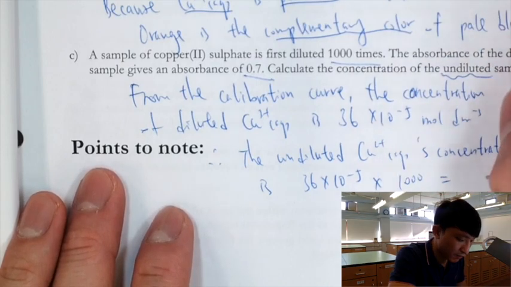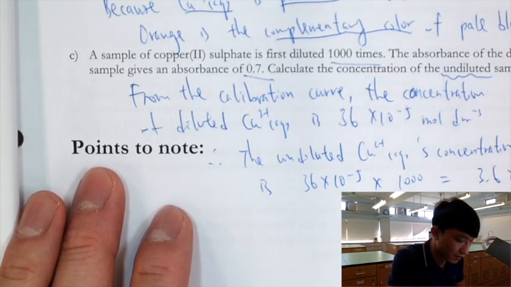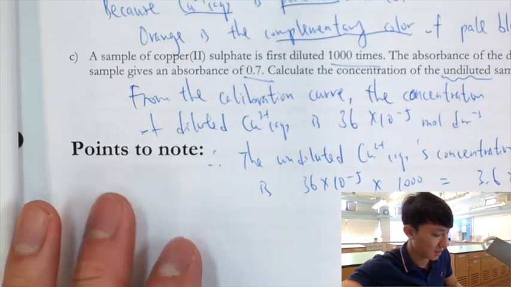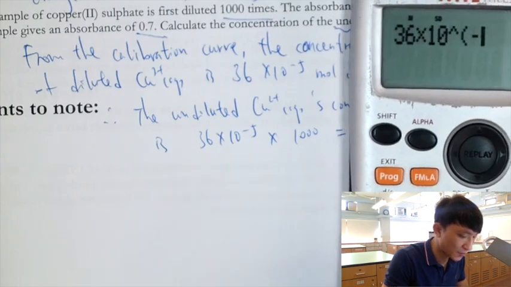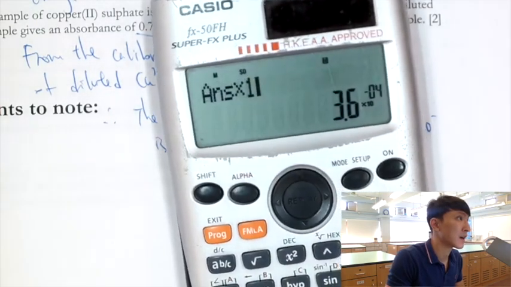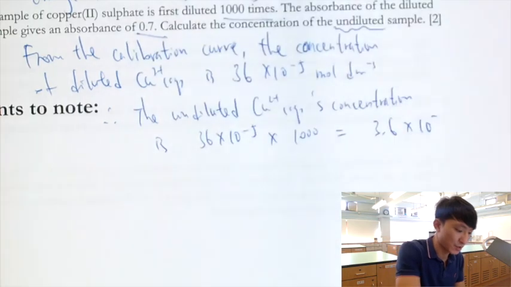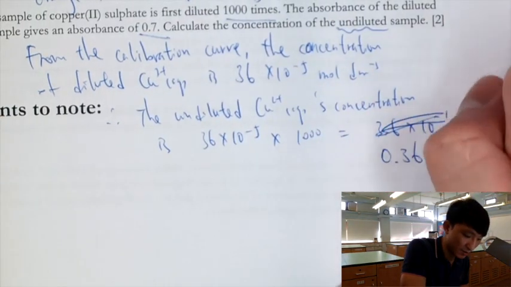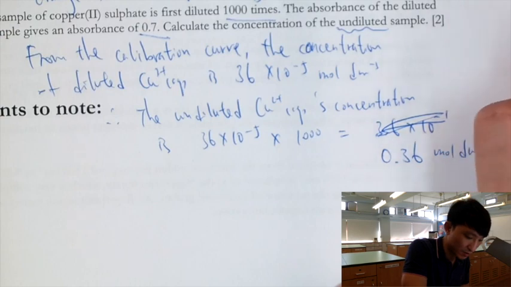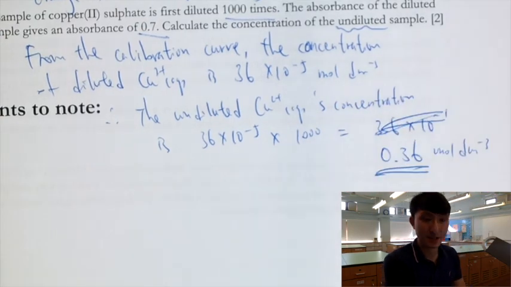So it's going to be 3.6 times 10 to the power negative 2, I guess. Just to be safe, 36 times 10 to the power negative 5 times 1,000. Okay, so we can put down this one. That's the idea.